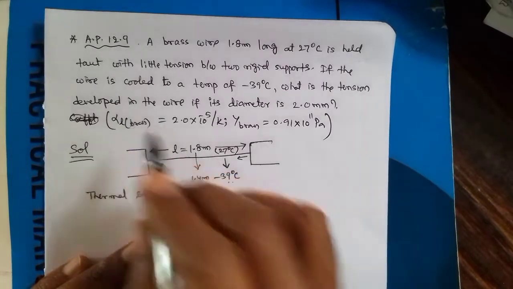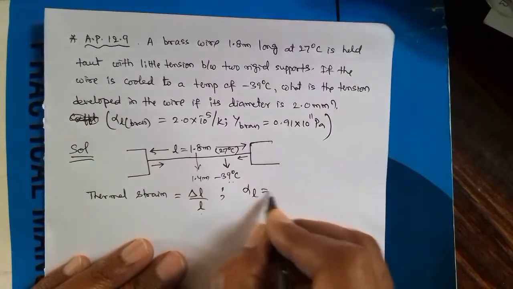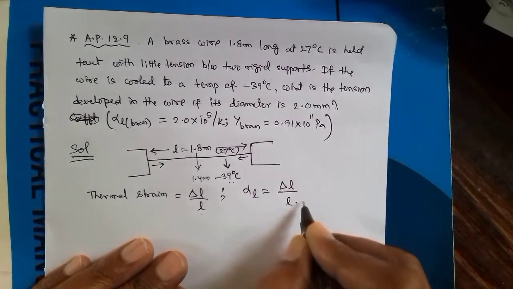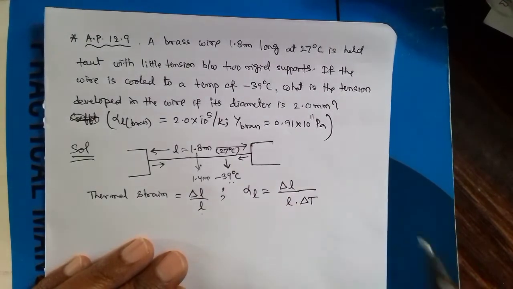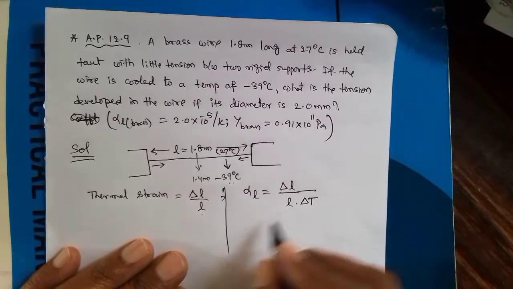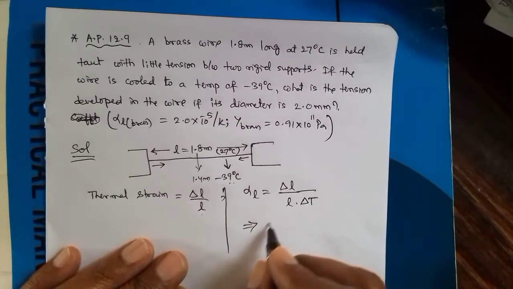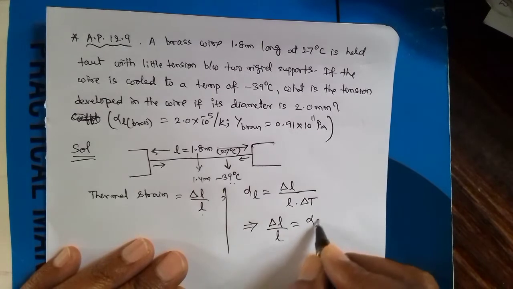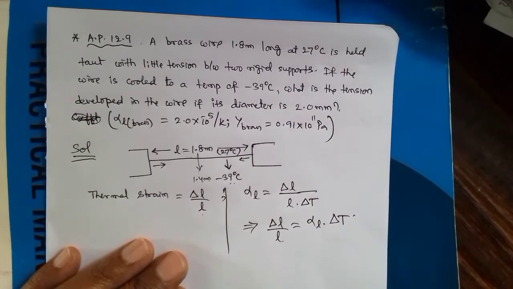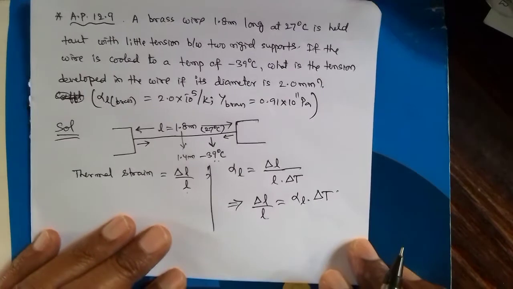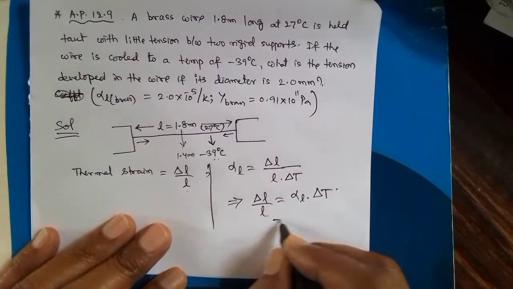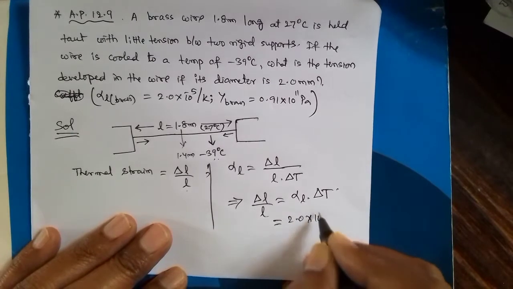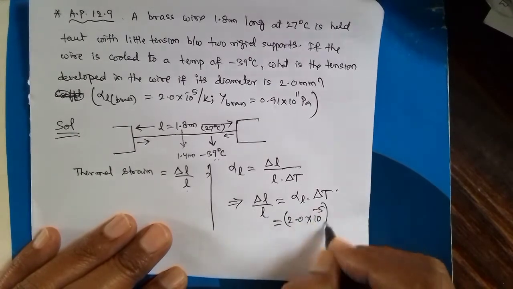Now that is thermal strain. Now alpha L is decrease in L by original L into change in temperature. From this, delta L by L is equal to alpha L into delta T. Alpha L value is 2.0 into 10 power minus 5.